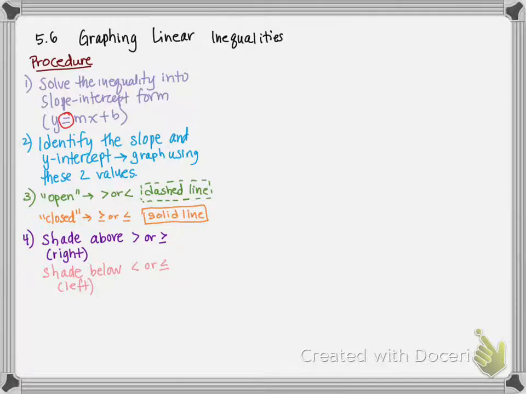Okay. Now, the single most common mistake made on these is getting the shading in the wrong spot. So we're going to test a point in the shaded region, at least what we think is going to be the shaded region, to verify it is correct.